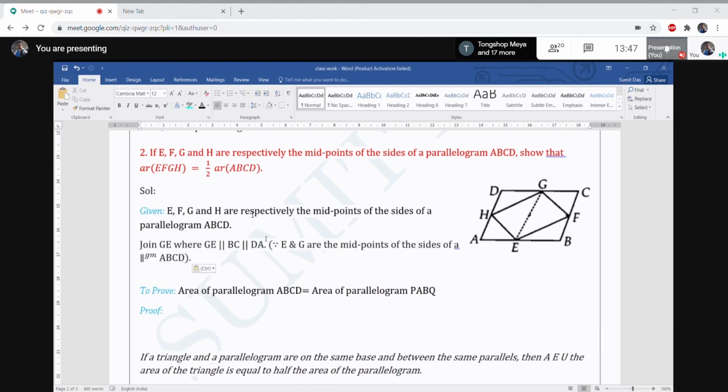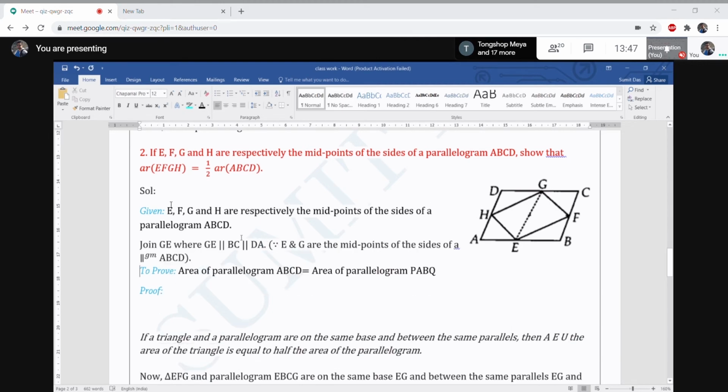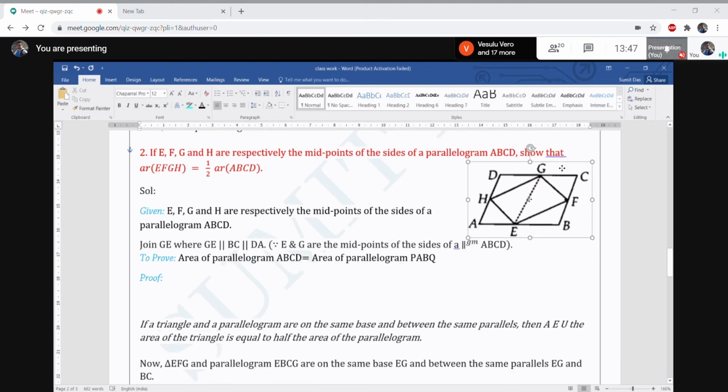In the given part we have to join this one. Then we join GE, where GE is parallel to BC and CA. Look, E and G are midpoints, right? So if you join them, it will always be parallel to the other two sides, BC and AD.